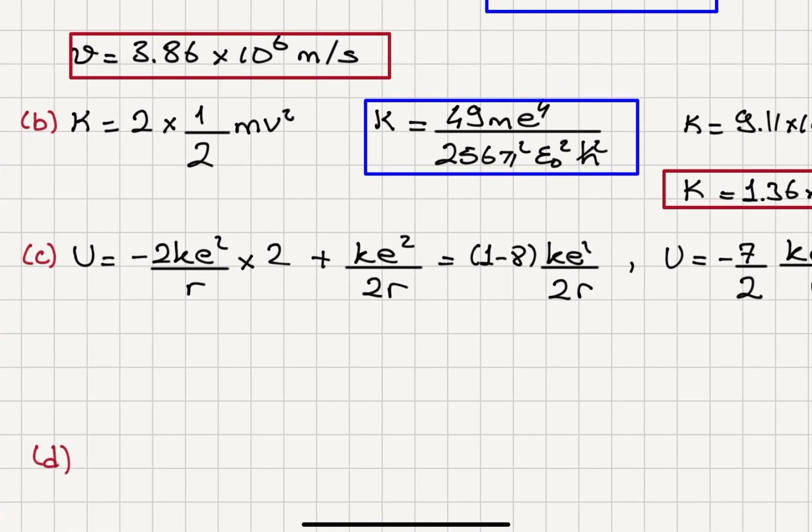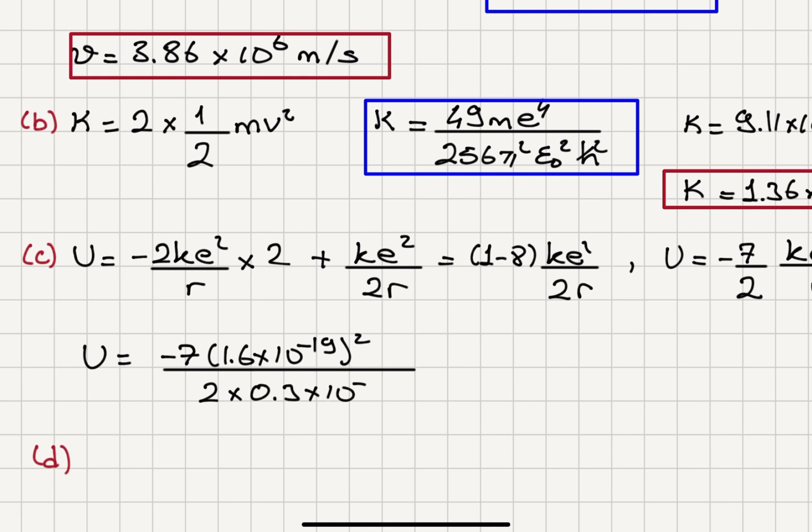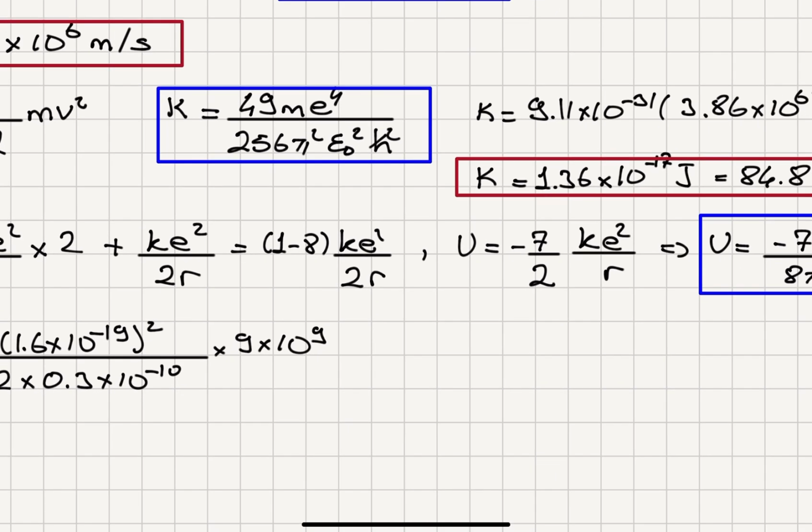The potential energy U is equal to minus 7 times the electron charge, 1.6 times 10 to minus 19 coulombs, squared, divided by twice the radius, 2 times 0.3 times 10 to minus 10 meters, and multiplied by Coulomb's constant, 9 times 10 to 9.